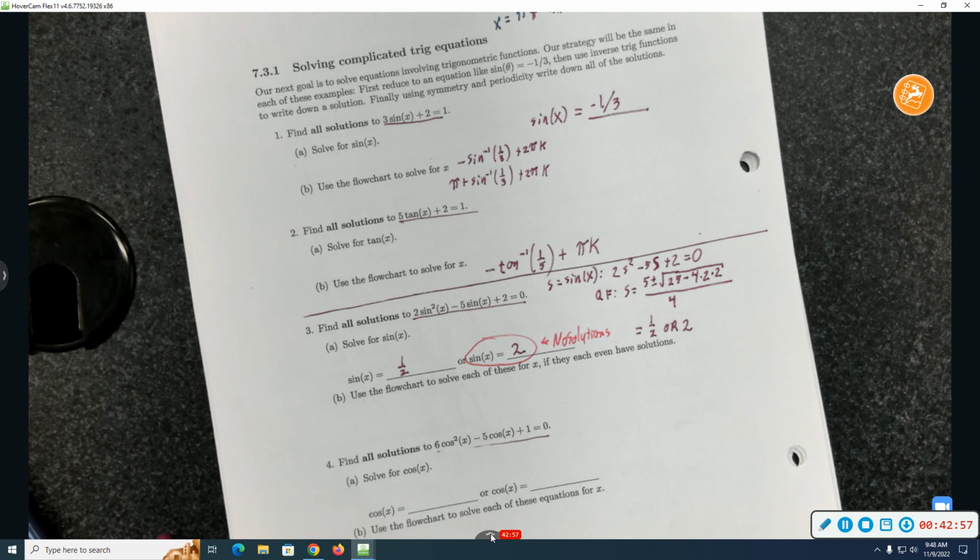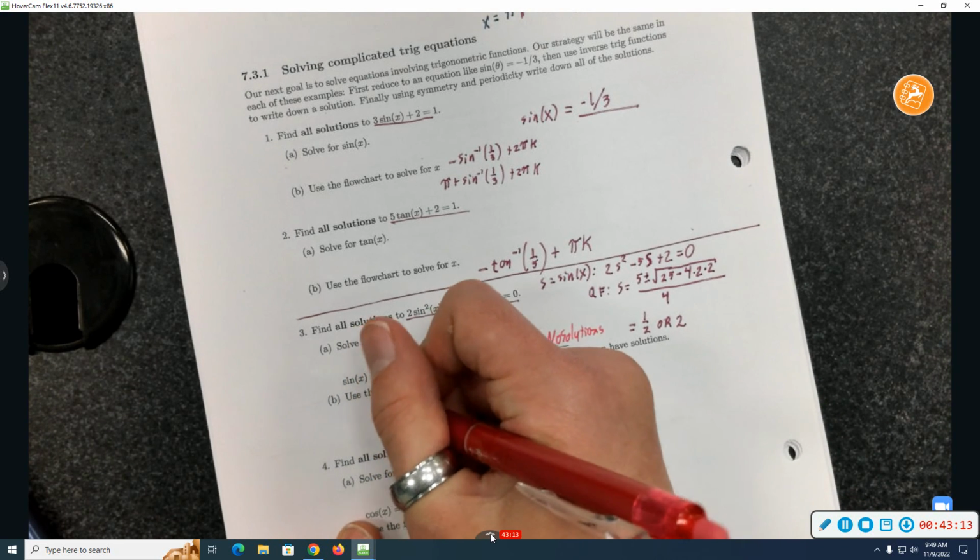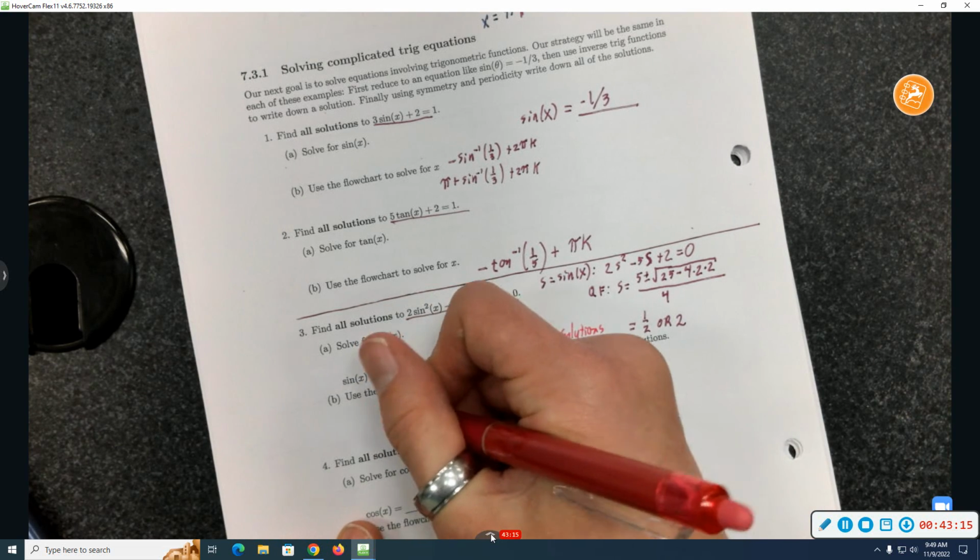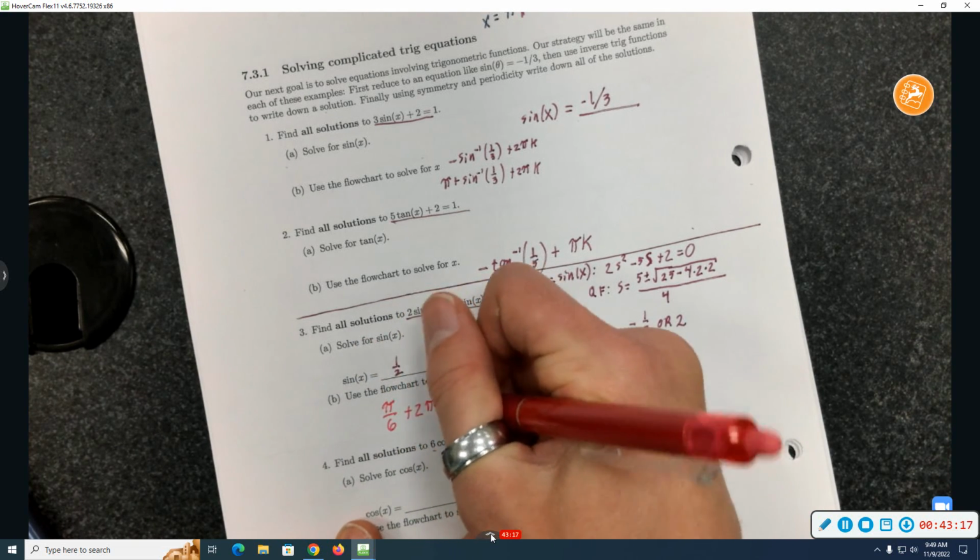Do you see an angle on the unit circle where sine is equal to 1/2? What angle is it? Pi over 6. So that means that inverse sine of 1/2 is pi over 6. But that also means that just pi over 6 is one of the 2 solutions. I'll add the 2 pi k.